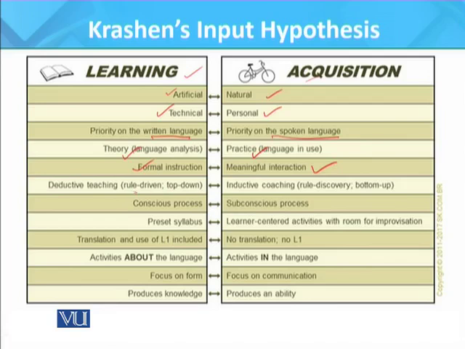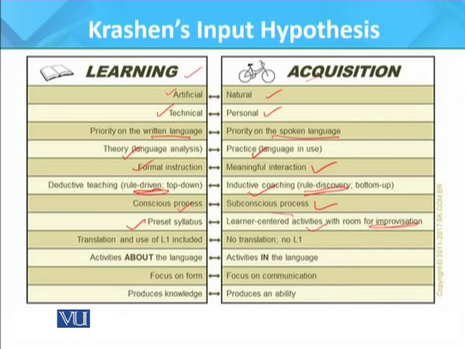Deductive teaching is rule driven, and here it is rule discovery, inductive coaching, which means it's a bottom-up approach, where the language is unfolded through discovery. Learning is a conscious process, and acquisition is a subconscious process. Here you have a preset syllabus, determined before you impart the learning, whereas over here are learner-centered activities with room for improvisation.